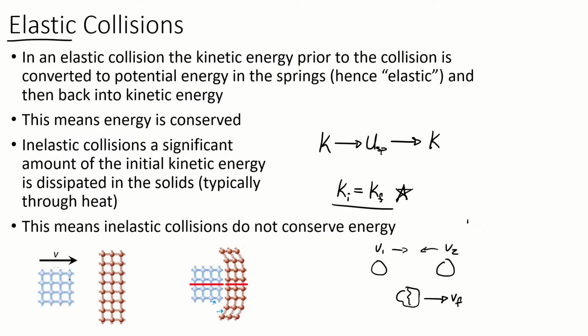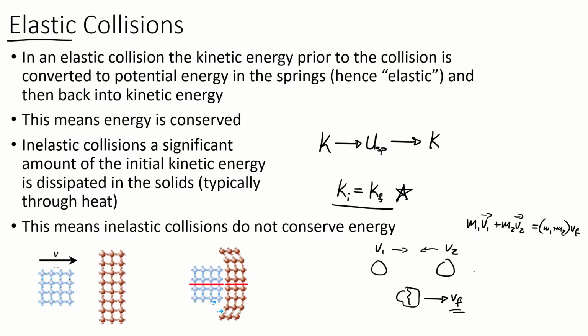Conservation of momentum tells us m1 v1 plus m2 v2 is equal to (m1 plus m2) v final. The fact that after the collision there's only one velocity we have to worry about because they're stuck together means there's one less unknown to solve for, and conservation of momentum is enough to get that.